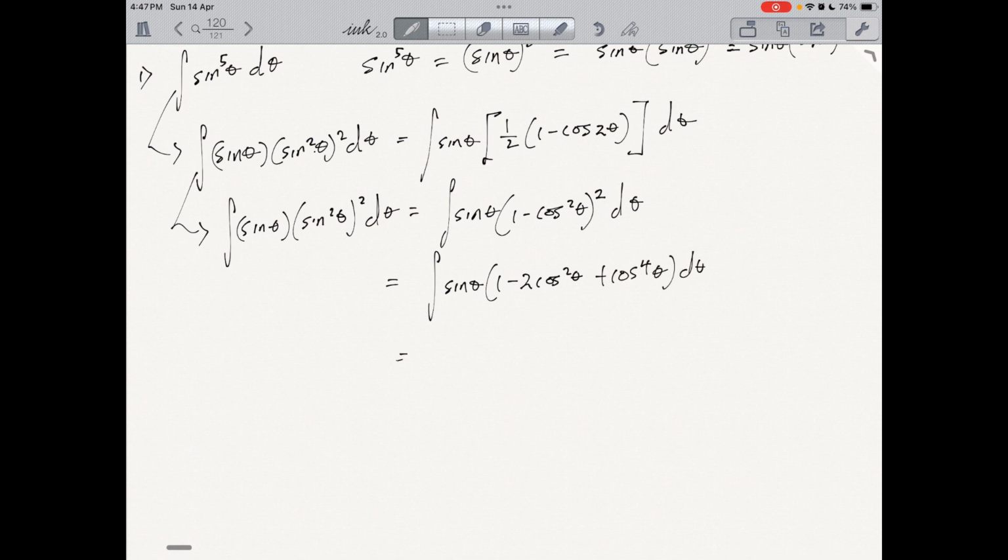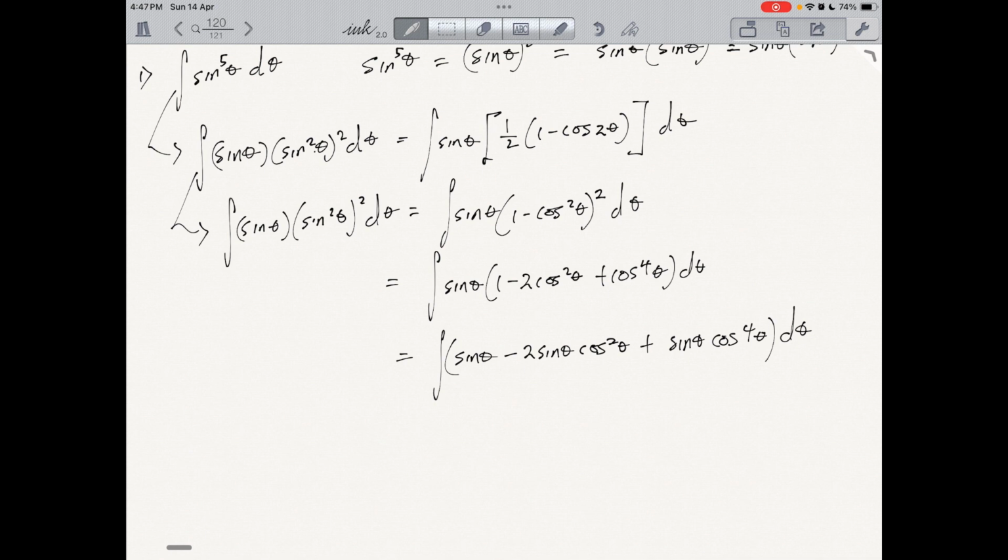Now let's open the brackets. We'll have sine theta minus 2 sine theta cos squared theta plus sine theta cos raised to power 4 theta, everything integrated with respect to theta.